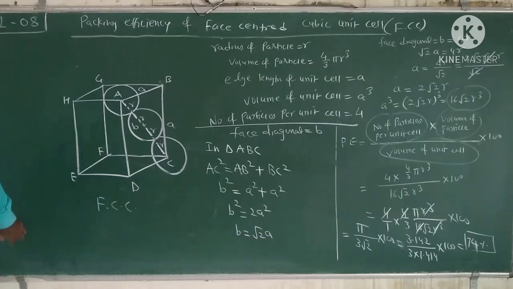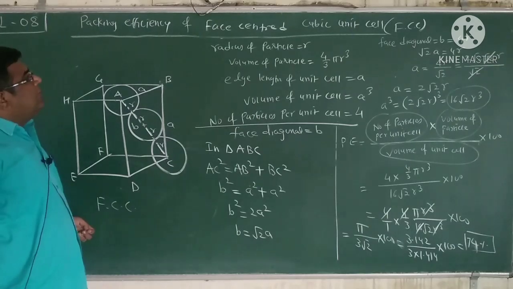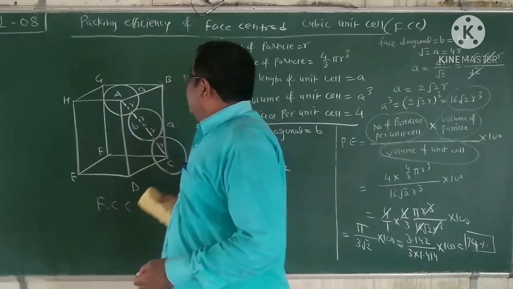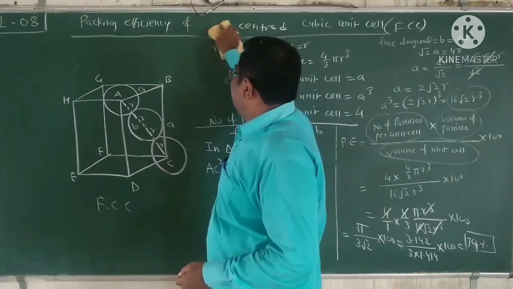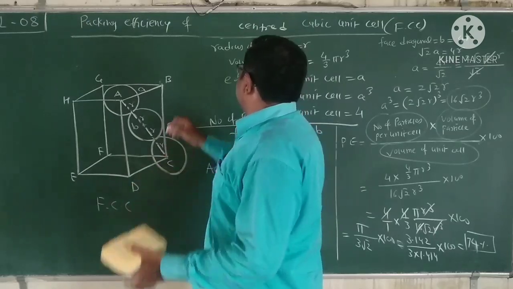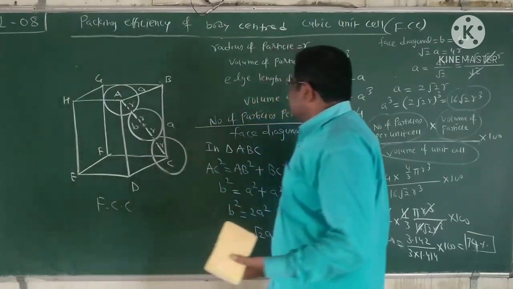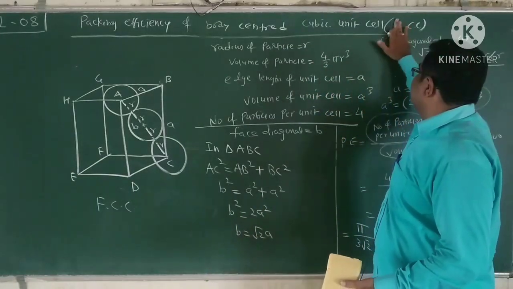So again you have to prepare this well, it is not at all a difficult type of derivation. Now one last is there, which is nothing but packing efficiency of body centered unit cell, which we call BCC.